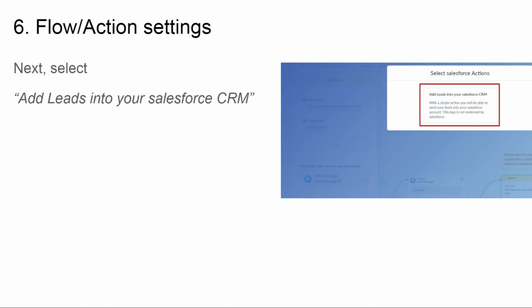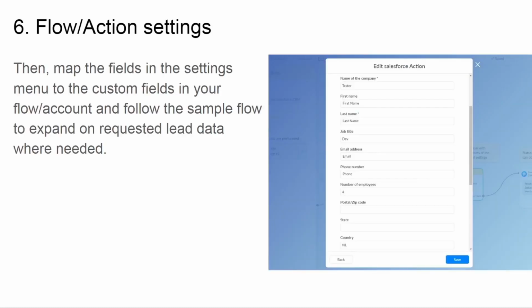And you select Add Leads into your Salesforce CRM. And when you click that one, a new screen will appear, which is the Salesforce settings screen. On this page or on this pop-up menu, you will enter the details of your lead. The ones marked with an asterisk are needed for this to work.